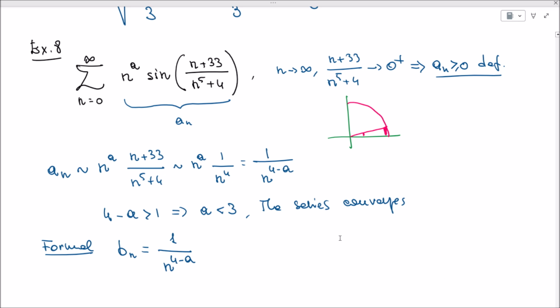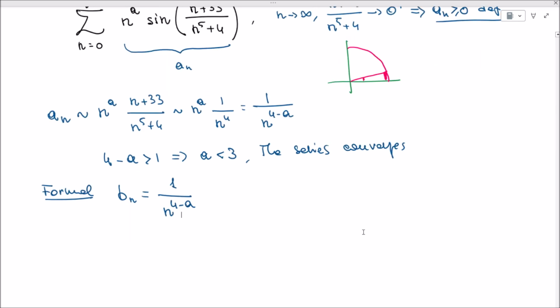So let's make the comparison with this series, and let's see what the ratio an over bn does. Now, an is n to the a sine of (n plus 33) divided by (n to the fifth plus 4), and we need to divide this by 1 over n to the 4 minus a.